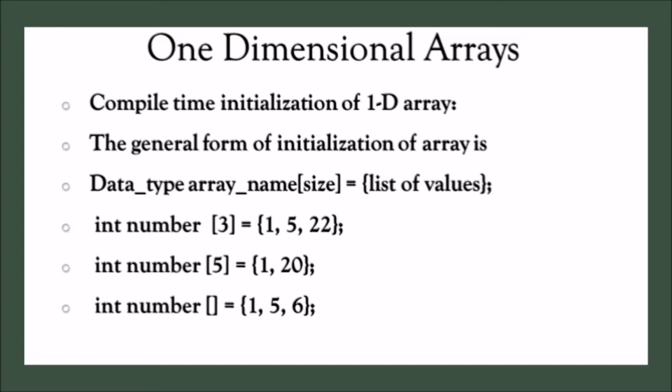But as per the values, it creates the array. Here we enter the values 1, 5 and 6, a total of 3 values, so it creates an array of size 3. This is how we can initialize a one-dimensional array in C.